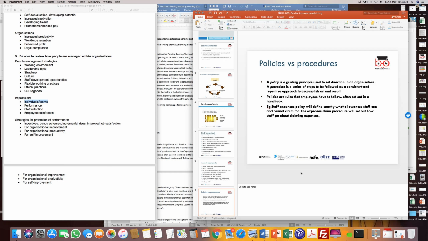Now, some of these things are very clearly documented within the employee handbook when you join the organization. Most organizations that we join or work within today have something called a staff handbook or an employee handbook. They tend to clearly highlight the policies and procedures which members have to follow when you work within a particular role in a company.